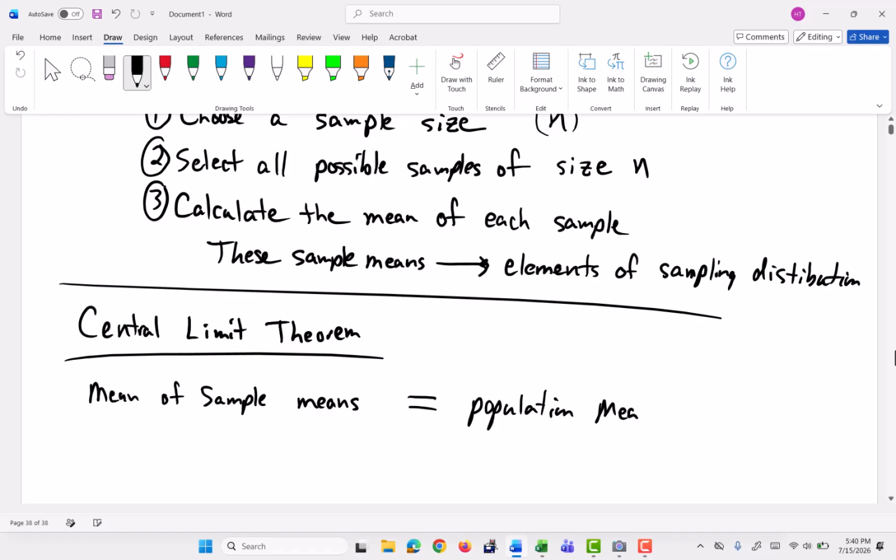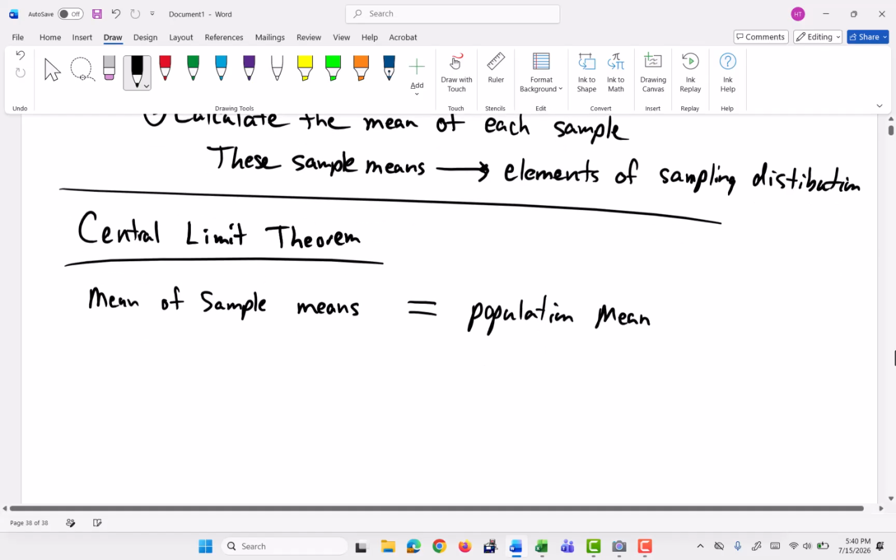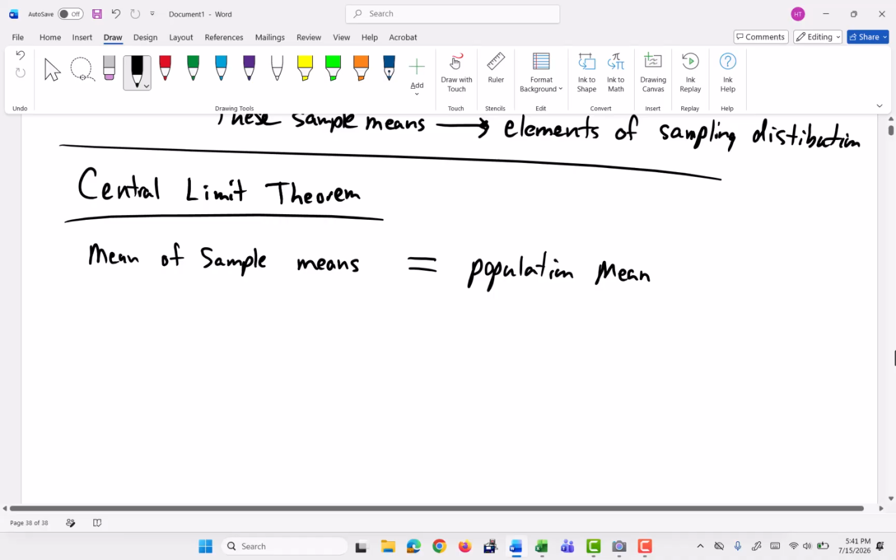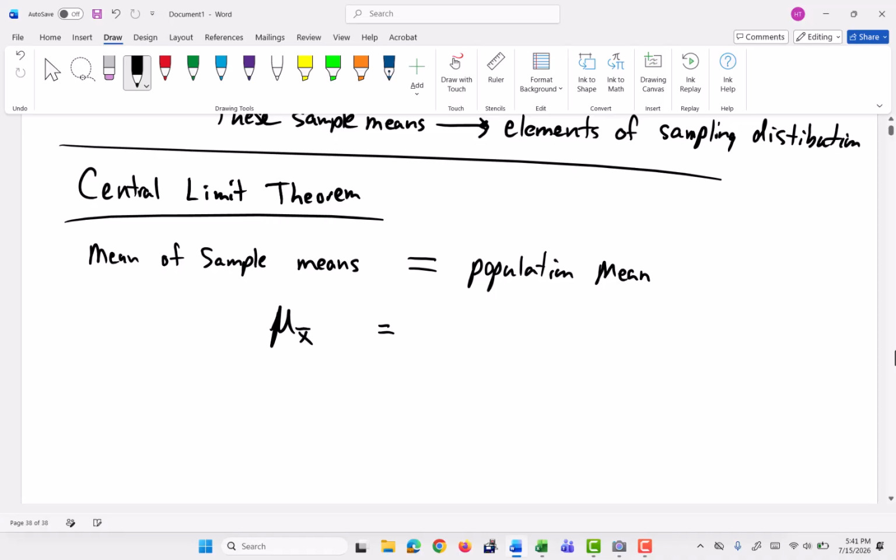And by population mean, I mean the mean of the individual values in the population. So this is the mean of the x bars. Mu of the x bars is just equal to mu for the population.